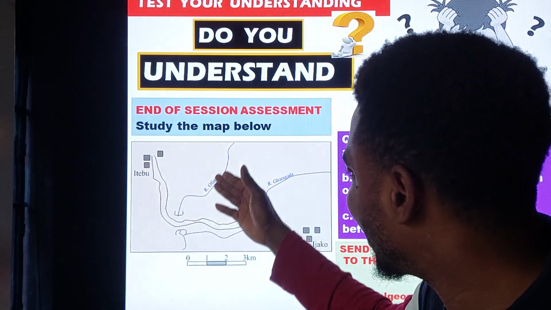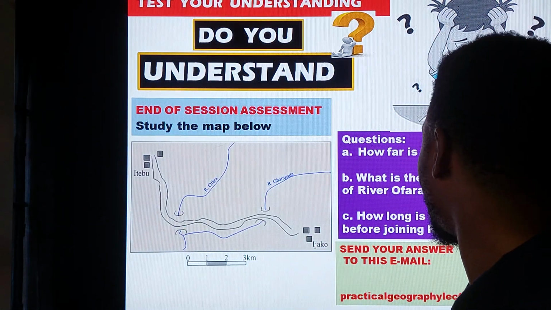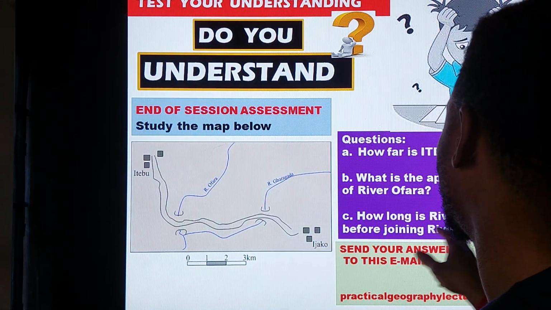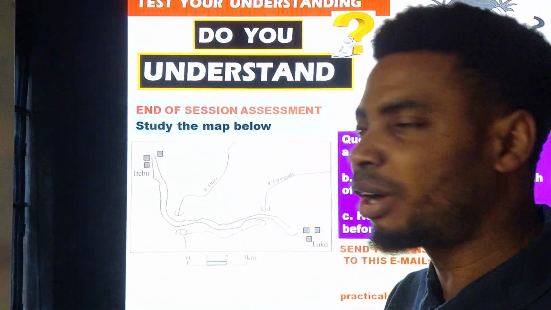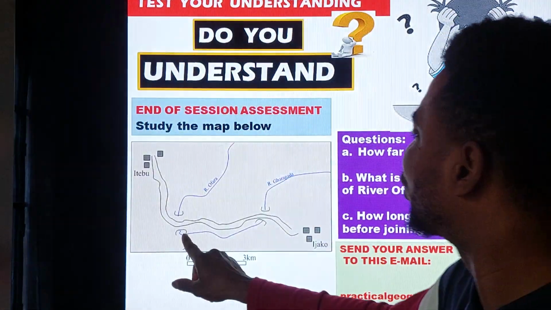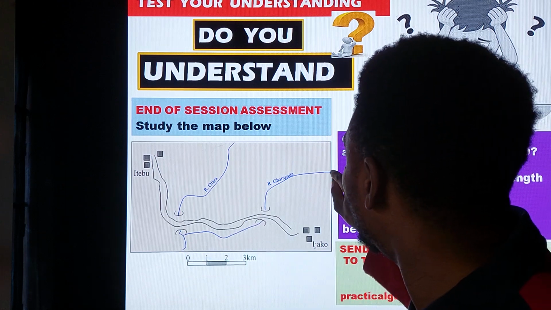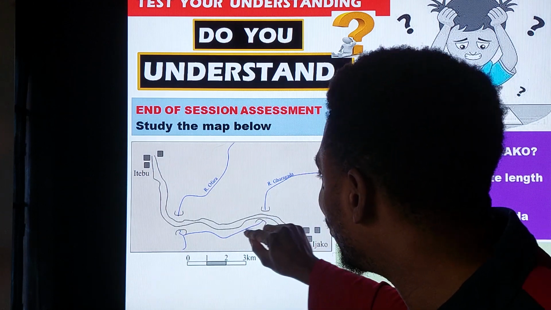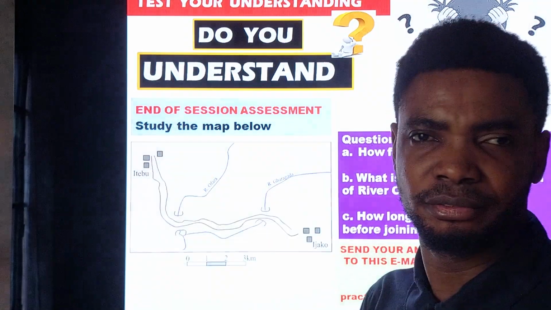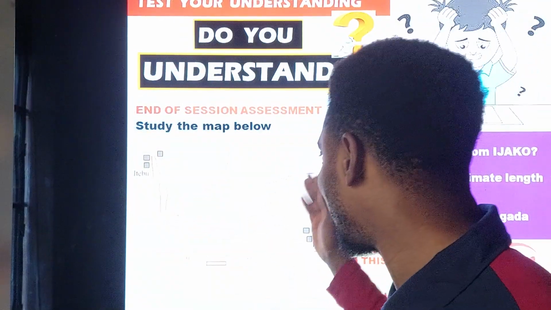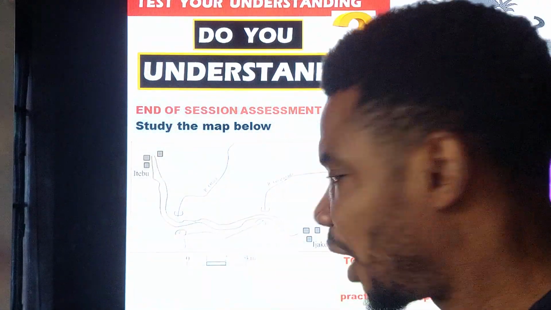This is River Ofara here. And it says, how long is River Baragada before joining River Ofara? So before it joins River Ofara here, you have to measure the distance.